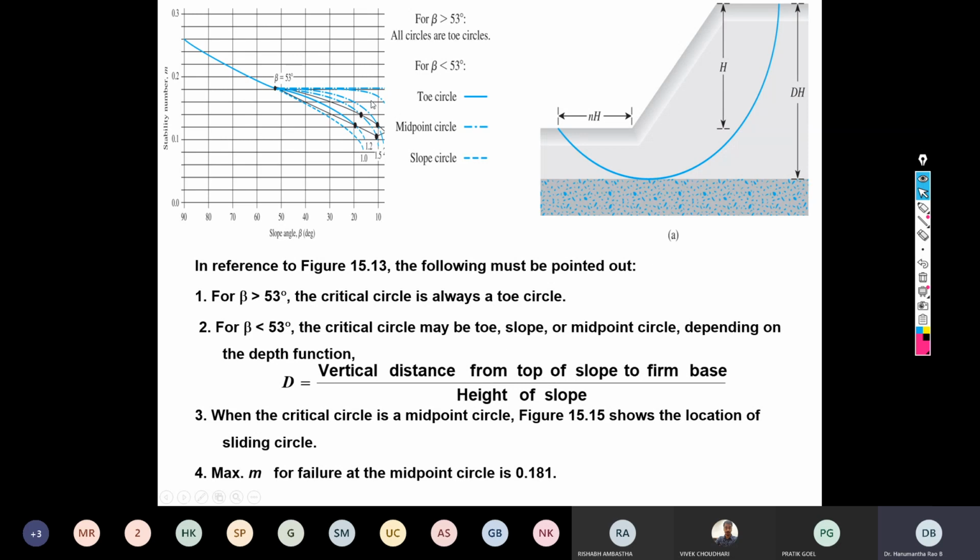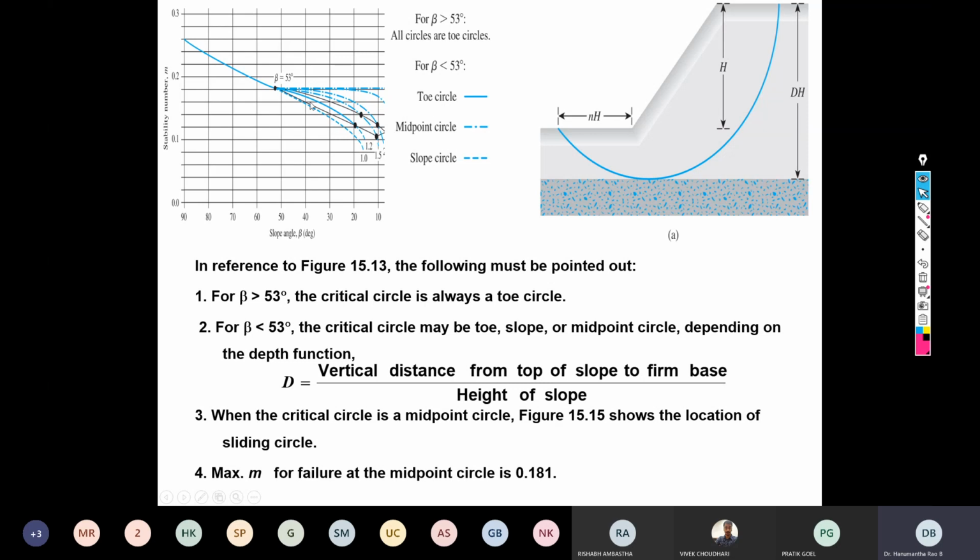In reference to this diagram, for beta less than 53, the critical circle may be a toe, slope or midpoint circle depending upon the depth of the firm stratum. If beta is greater than 53, the critical circle is always a toe circle. This is the interpretation made by Taylor, and by several others in fact.